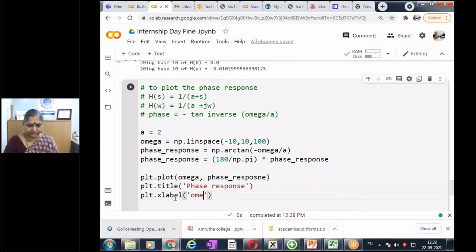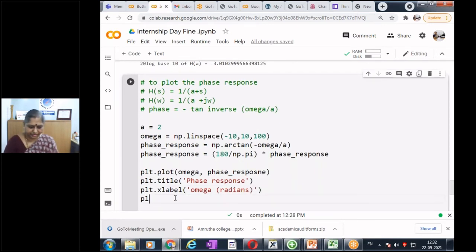X label is omega, omega in radians, and what is the Y label? plt dot ylabel is the phase response. We have converted to degrees. Phase response we are giving in degrees. So let's run it and then see how is the phase response.